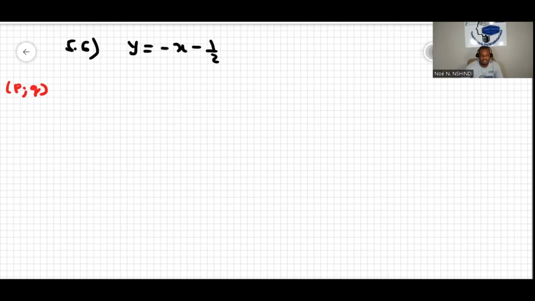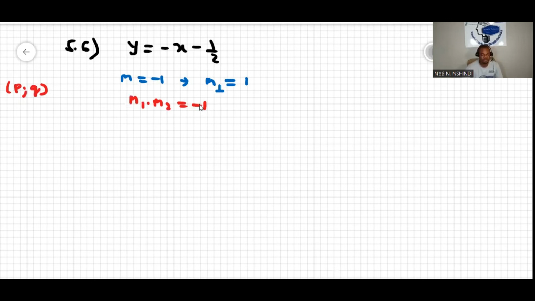To find the line perpendicular to this, because here the gradient is -1, the perpendicular gradient will be 1, because -1 times 1 makes -1. You remember the property, m1 times m2 must be equal to -1. So the perpendicular gradient here must be 1 in order to have a product of -1.